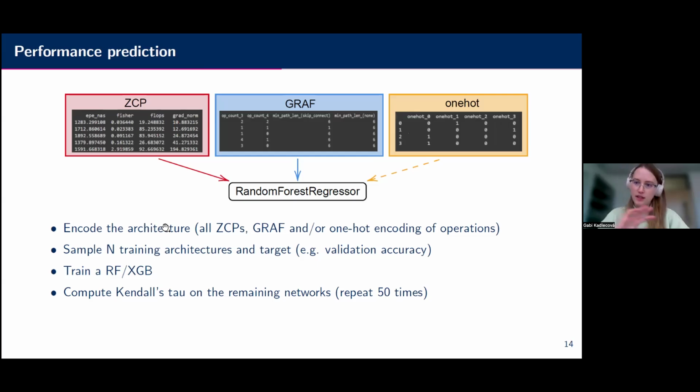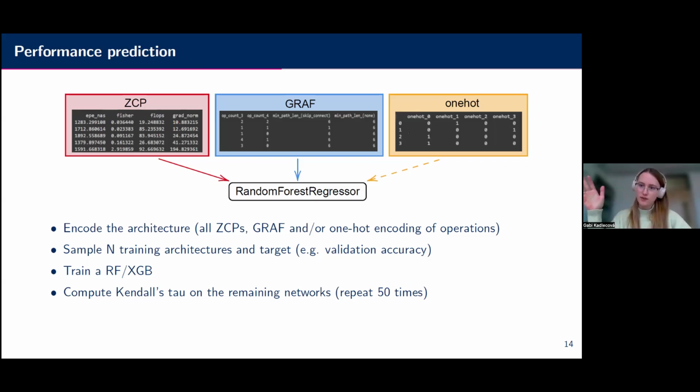And in all the plots that you will see, it's basically the same procedure. We will encode the architecture using either only graph features or zero-cost proxies or both, or also with one-hot encoding. And then we will sample some training architectures and determine the target, which can be the validation accuracy or some hardware task.